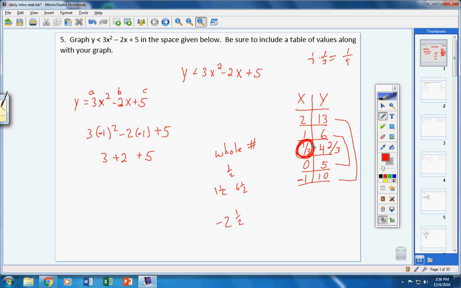Anytime this number right here is a whole number, or a 1/2 type of fraction, then these numbers here will match, and these numbers here will match.